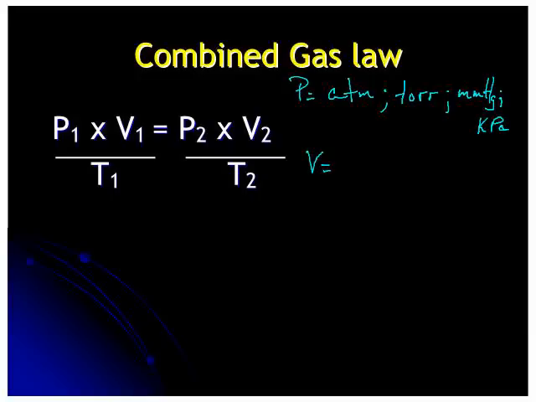The volume can be in milliliters or liters. And the temperature in these problems always has to be in Kelvin. Okay, we can't have any temperatures in Celsius because then you would get negative pressure and negative volume, and you can't have negative numbers for pressure or volume.